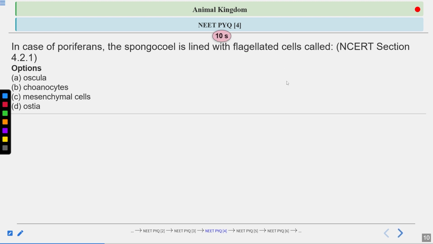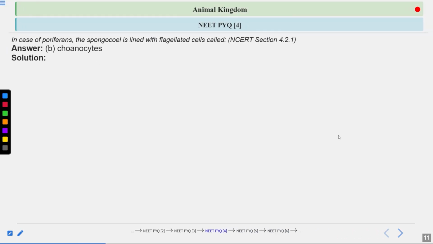So you can solve the question in the given time and then we can check out the correct answer. Let us move to the answer part of this question. In the case of poriferans, the spongocoel is lined with the flagellated cells and that is called B, choanocytes. Okay, the spongocoel internal lining is lined with a type of flagellated cells.